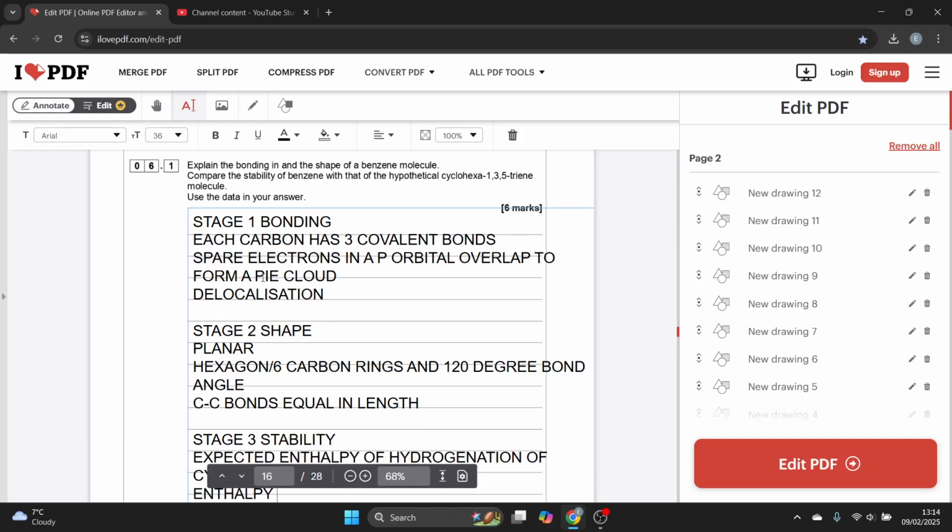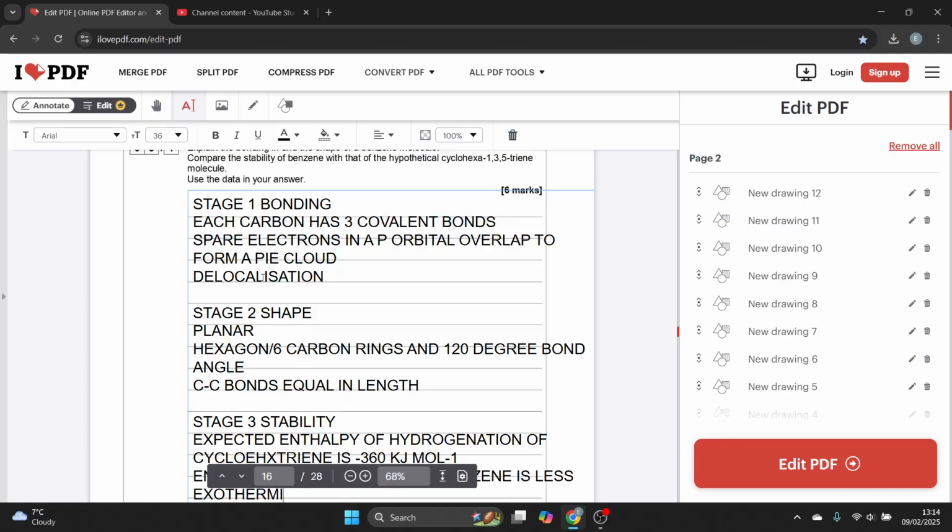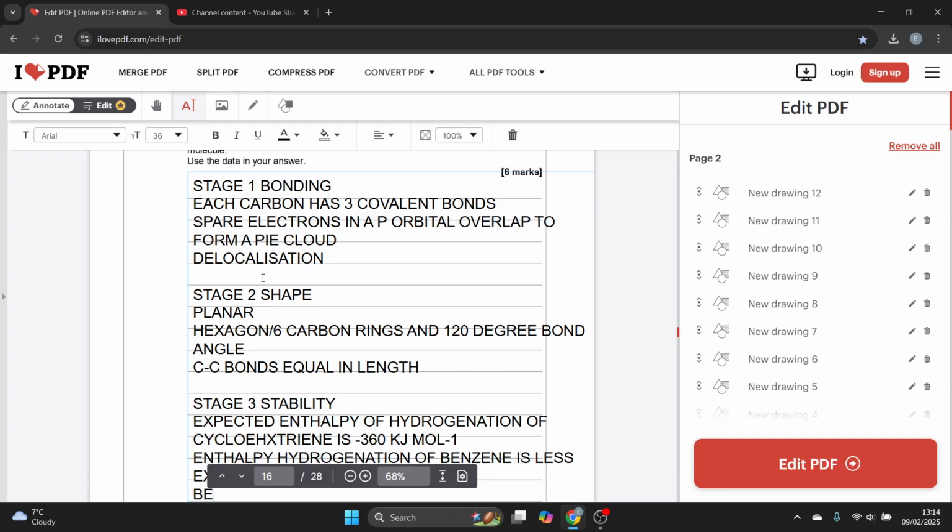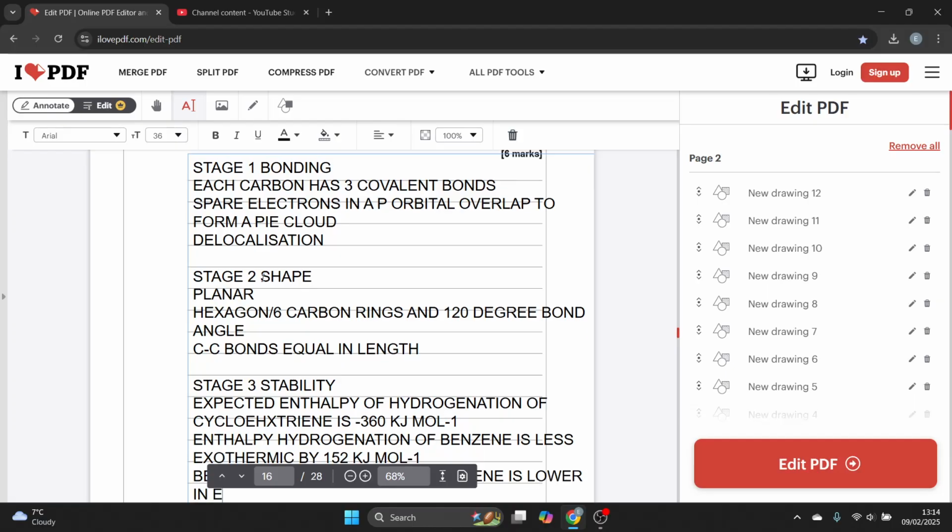Enthalpy of hydrogenation of benzene is less exothermic by 152 kilojoules mole to power minus 1. Benzene is the more stable. Okay, benzene is lower in energy than cyclohexatriene.